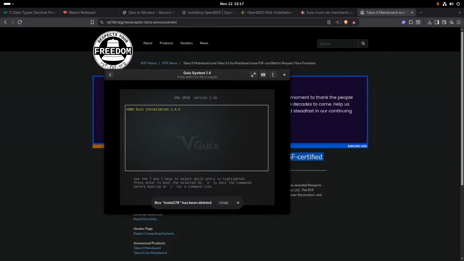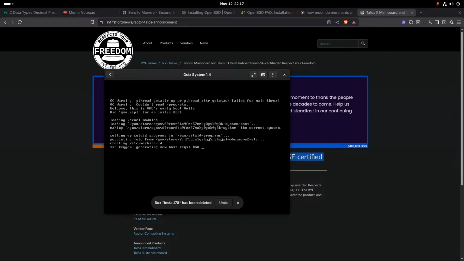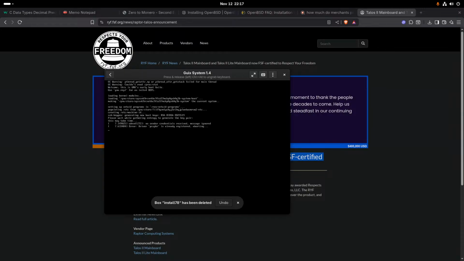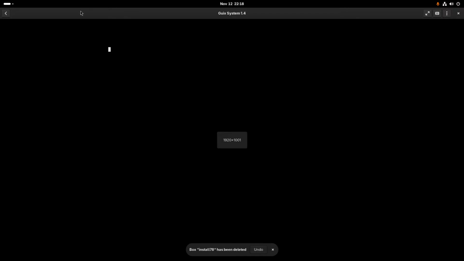Installation. The problem is when I did it this way, I literally never got this to work. And it took a bitch and a half to get this to work.